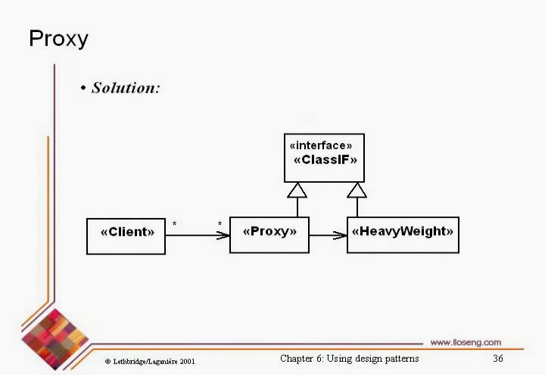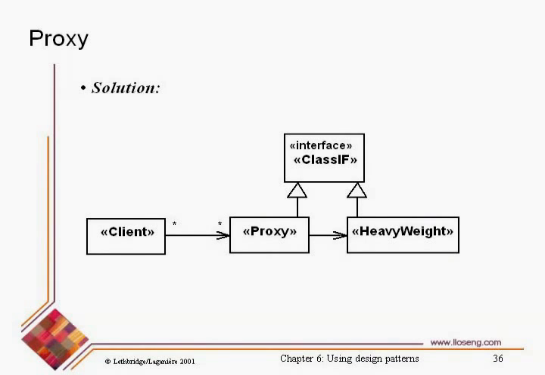The heavyweight object, let's say, is the real image, the real big fat object. Let's imagine the client doesn't really care. All the client knows is that the client can access the image. But what the client is given is the proxy.